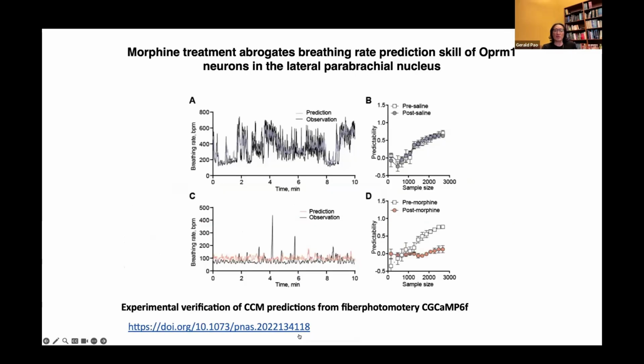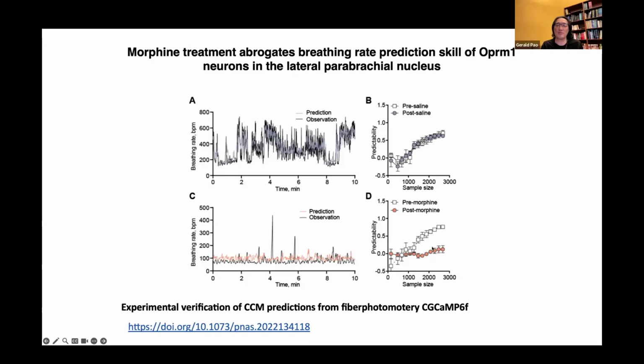So we can actually experimentally test if this is real. For example, here, this brain area is actually sensitive to opium. If we give it saline, which is just 0.9% sodium chloride solution, nothing happens. The observed and predicted are very accurate. But if you give it morphine and look at the time series, you can no longer predict.